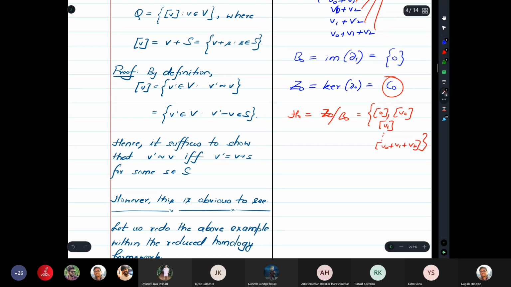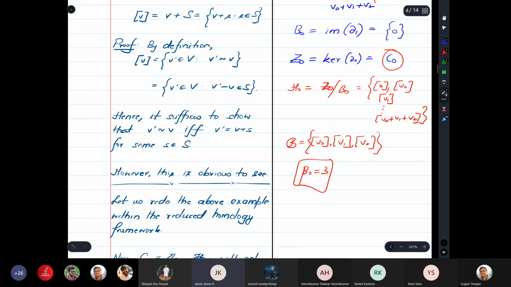Now I ask you, Jacob, what do you think must be the dimension of this vector space? The basis is V0, V1, V2. Very good. So the basis is V0, V1, V2, right? This will be the basis for this vector space, and consequently beta 0 in this case will turn out to be 3. Do you agree? Yes. All right.